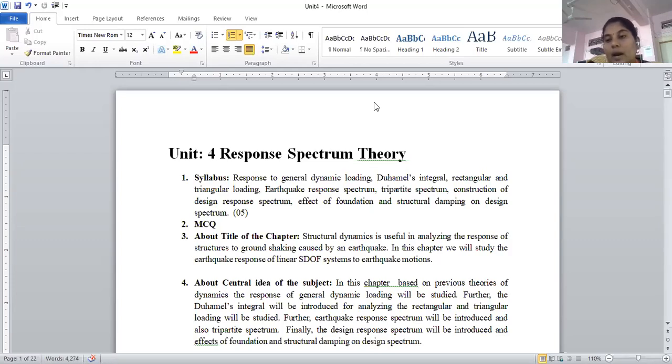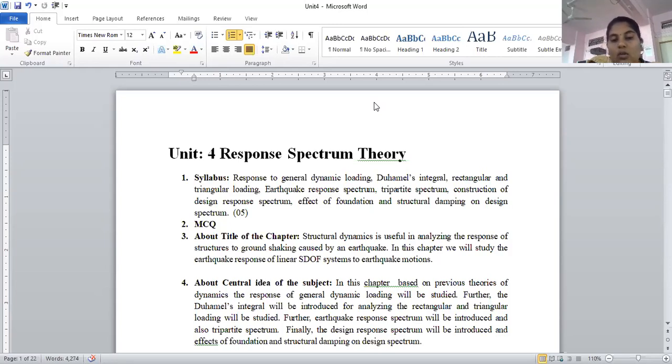We'll see that by the tripartite spectrum, where tri means displacement, velocity, and acceleration. One by one we'll see, you will understand what this tripartite spectrum is and what the response of our structure is under different loading conditions, in this lecture or the coming lecture.